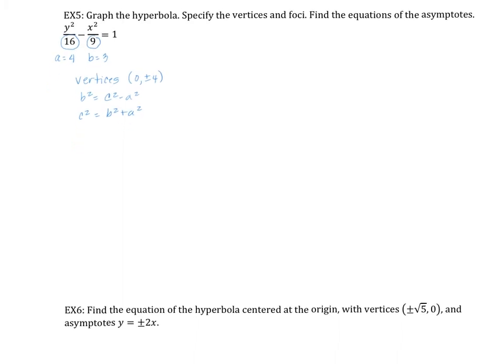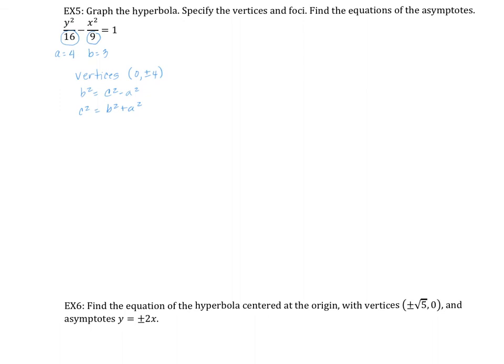And we have b squared and a squared, right? So c squared is equal to 9 plus 16. C squared is equal to 25. So c is equal to the square root of 25, or 5. And then our foci are going to be 0, comma, plus or minus 5.